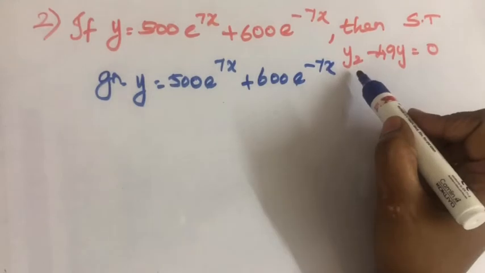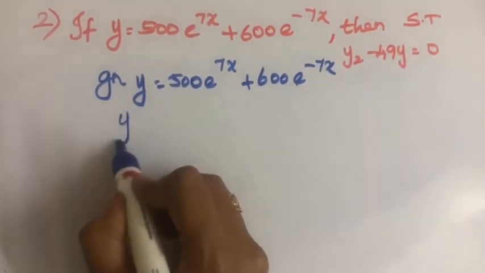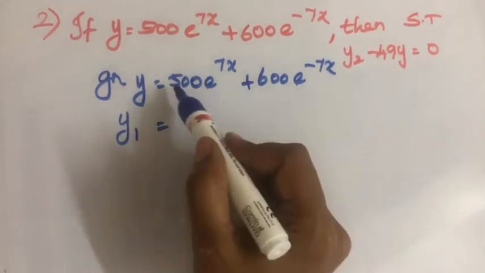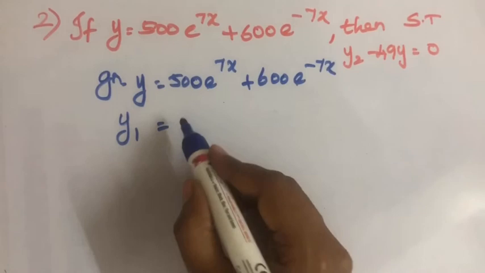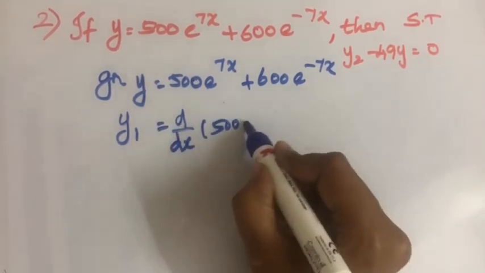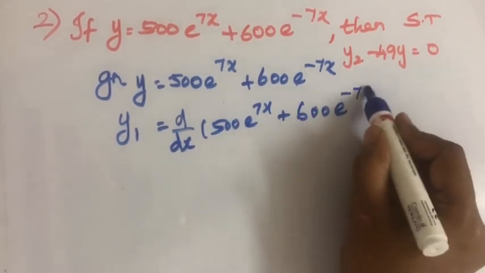We need to find y2 to prove this. So what is our y1? y1 is the differentiation of y, that is d by dx of the given expression 500 e power 7x plus 600 e power minus 7x.